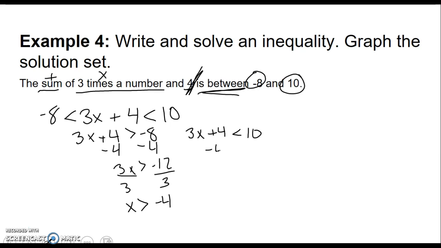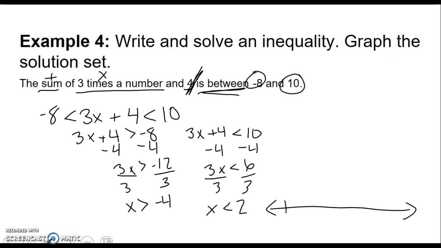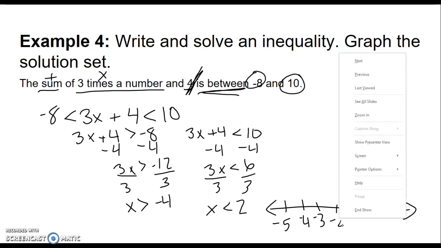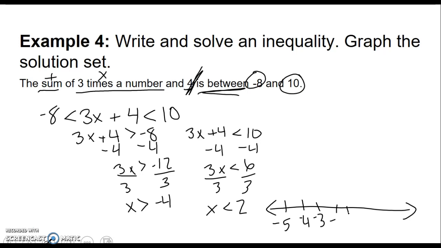Solve the next inequality. I'm going to subtract 4 from each side. 10 minus 4 gives us 6. Divide both sides by 3, and I get that x is less than 2. All right, so now my graph is going from a little more than negative 4, or a little less rather, all the way up to 2.